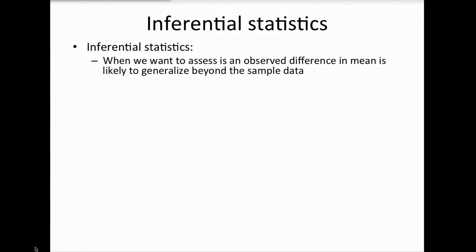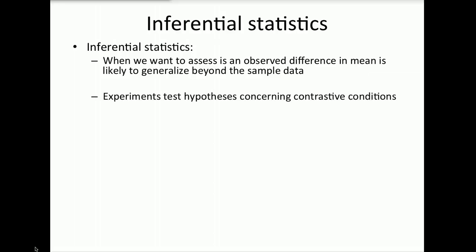When we use inferential statistics, what we want to do is really to learn something about whether the observations that we have made in our sample data, the data that we have collected, are likely to generalize beyond that sample. That is, the extent to which our sample data represents a phenomenon that is more general.